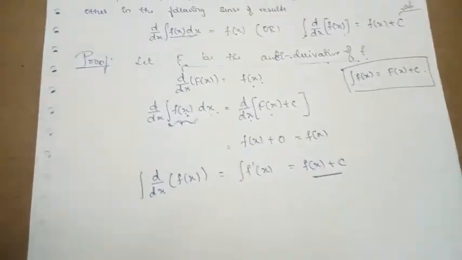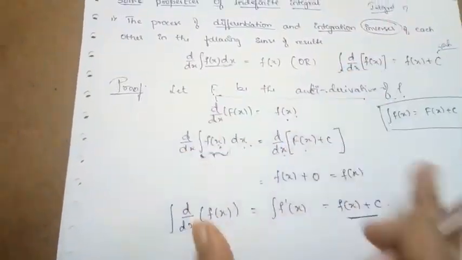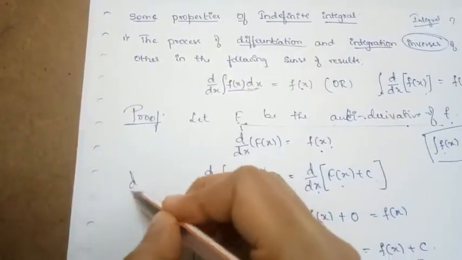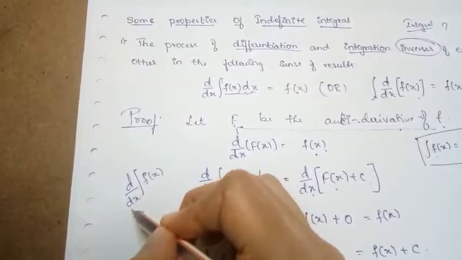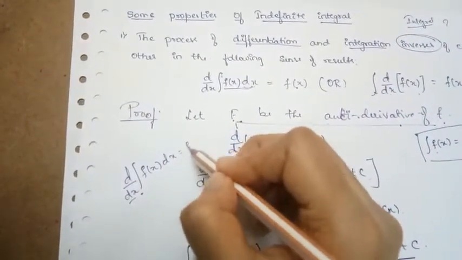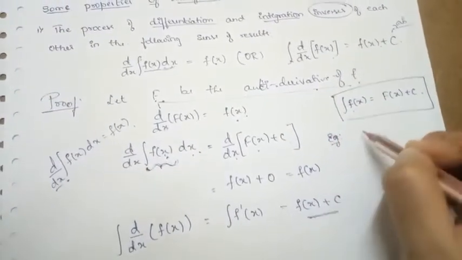This is how we represent it. The proof of this theorem is not that important, but understand the concept. If I differentiate and integrate any function simultaneously, we get that function itself.